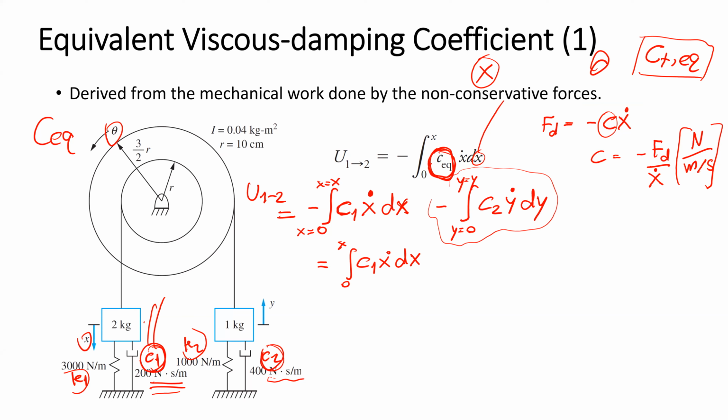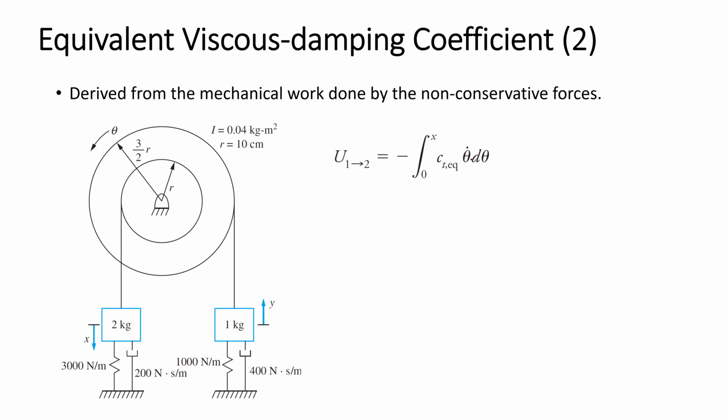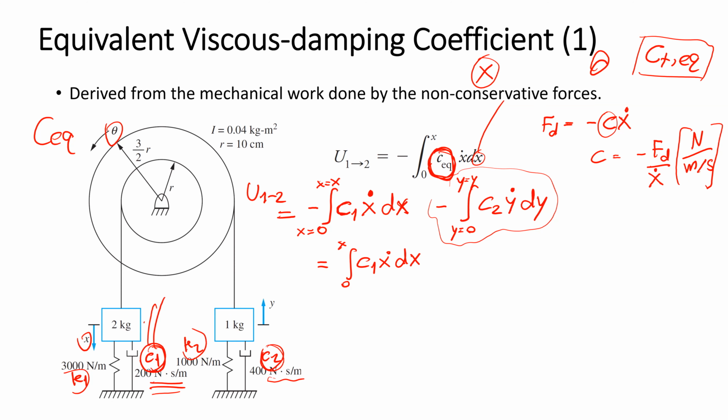It's not difficult, right? Because we have the kinematic relationship. We know that x equals r theta, and y equals 3/2 r theta. So y equals 3/2 of x.